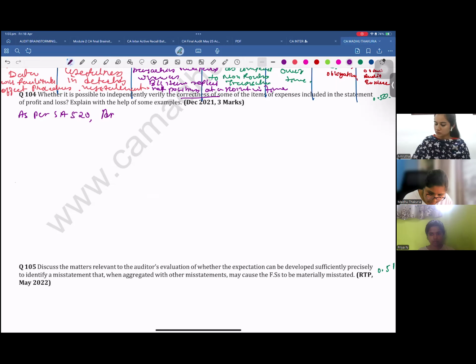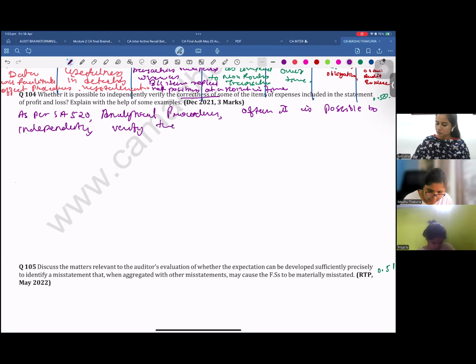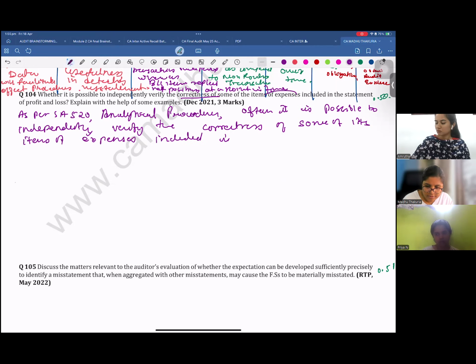As per SA 520, in analytical procedures, often it is possible to independently verify the correctness of some of its items of expenses included in the profit or loss statement. They are only talking about items of expenses.